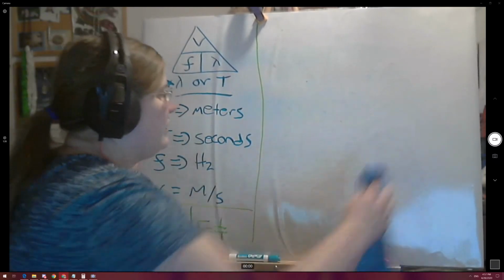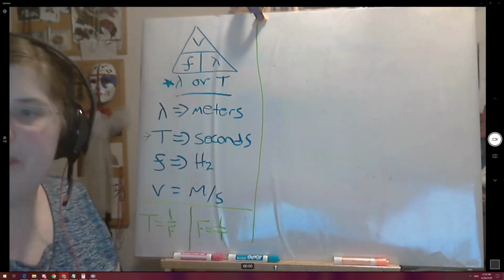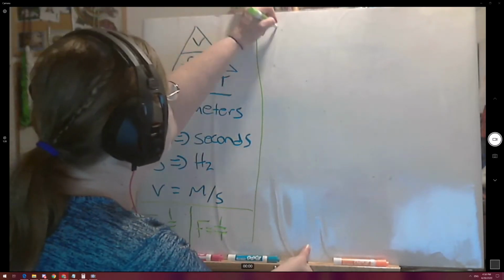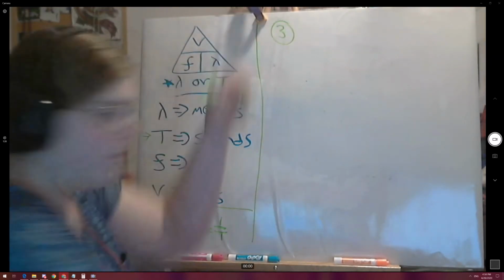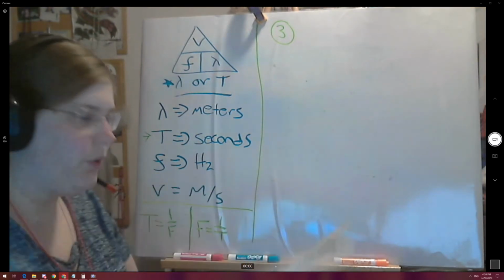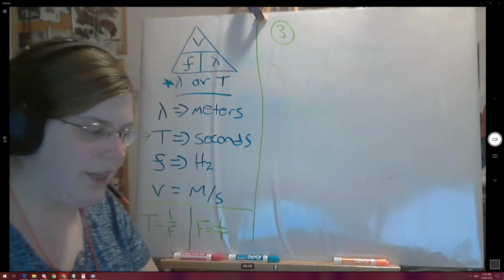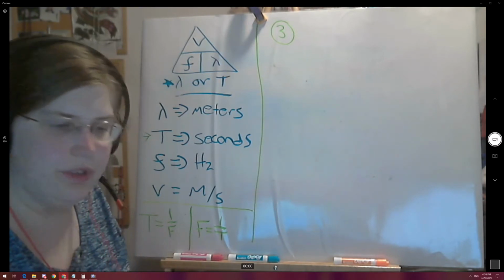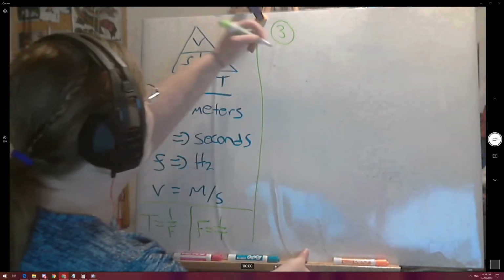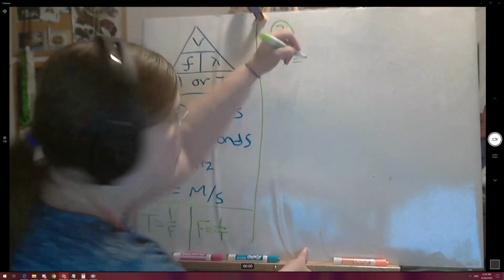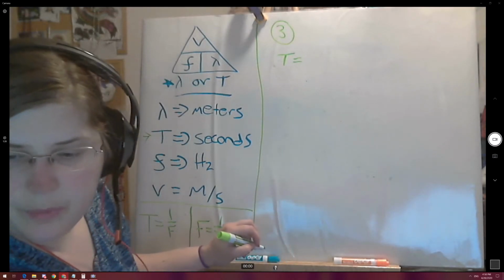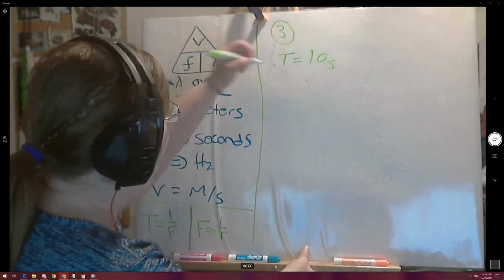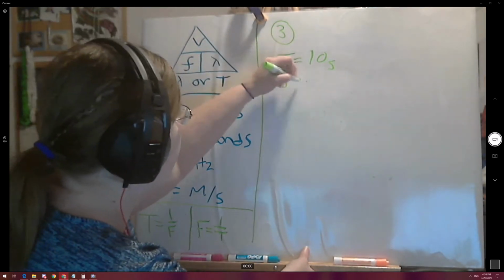Sorry if it looks a little grungy still, but it's better than nothing. So for number 3, it says a swing has a period of 10 seconds, and then what is its frequency? So we have a period given to us, which is 10 seconds, and it wants to know our frequency.